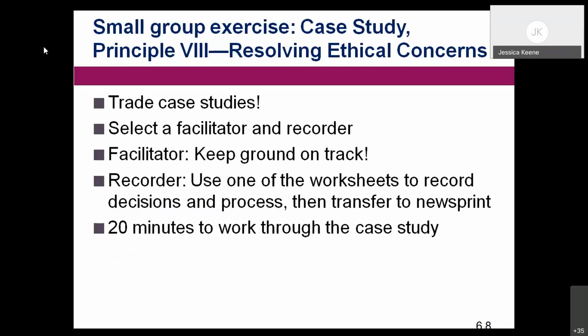I'll go back to the resource page now so that we can go through the principles one by one. Just a moment, please.